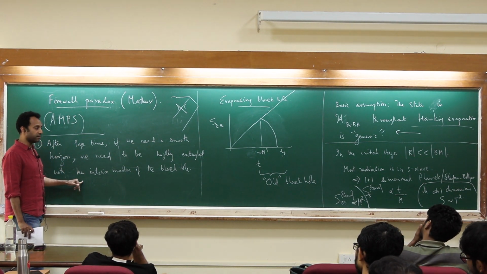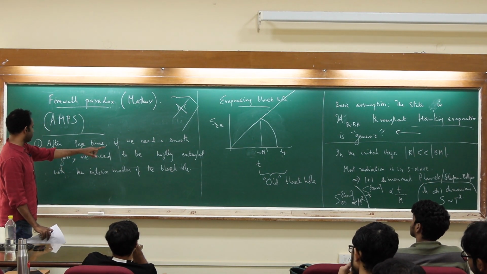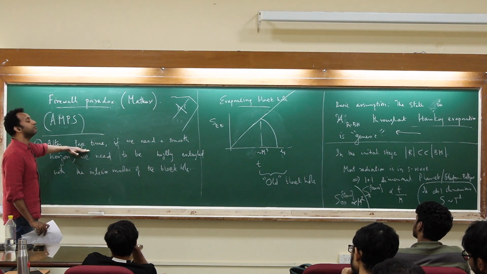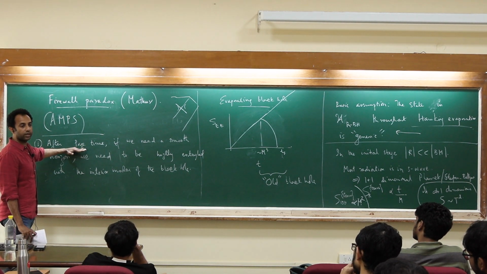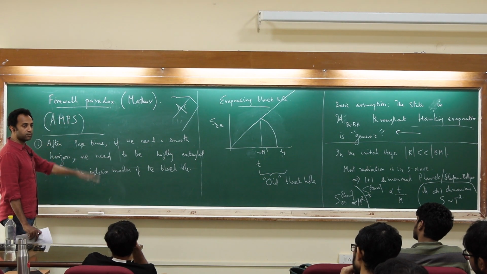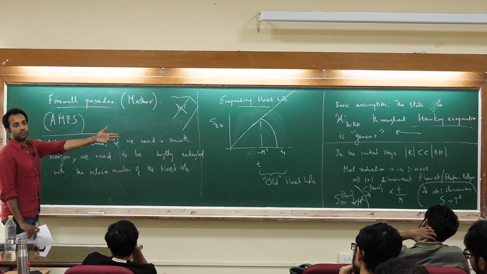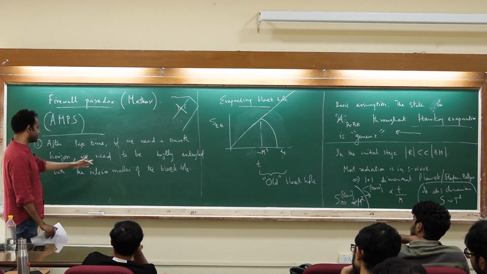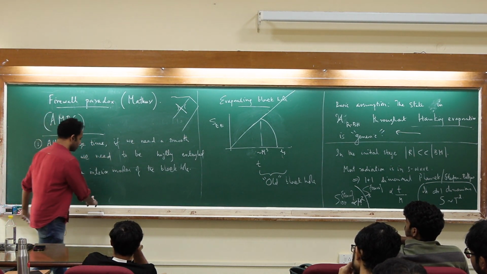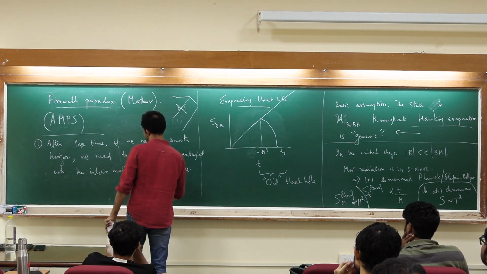This is true even before the Page time, but you get a contradiction after the Page time. If you want a smooth horizon, the outgoing modes have to be entangled with the interior modes. That's a necessary thing, and that's the first observation.